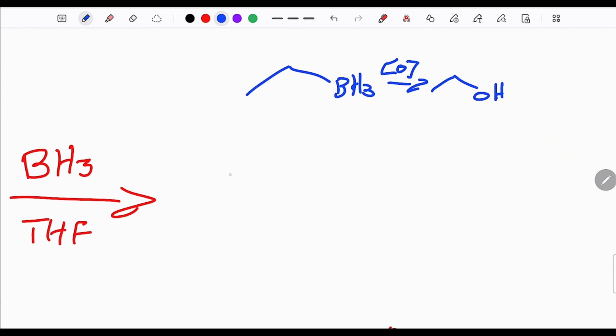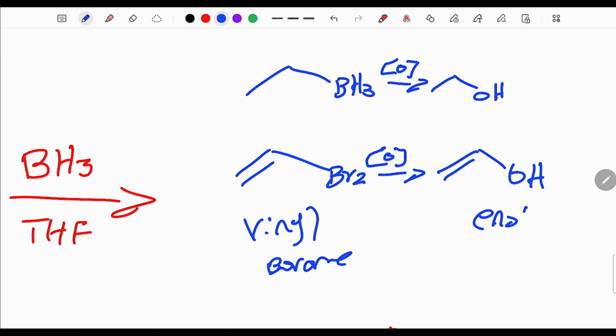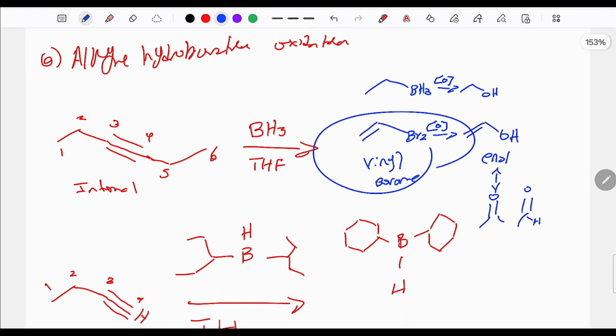But for an alkyne, when an alkyne reacts with a borane, it generates me a vinyl borane intermediate, and upon oxidation, the vinyl borane gets me an enol, and the enol, instead of staying as this alcohol form, will tautomerize into the corresponding ketone or aldehyde form, depending on the substitution pattern of your product.